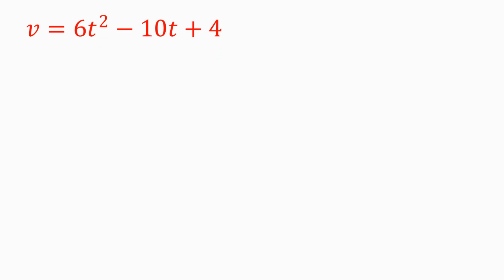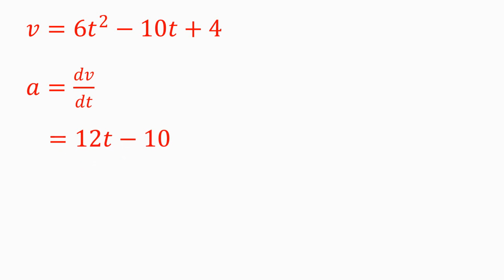So to find the acceleration, we need to differentiate the velocity equation with respect to time. Remember how we do differentiation: you multiply the coefficient of the unknown term by its power, then you subtract 1 from the power. So this will be 12t minus 10.